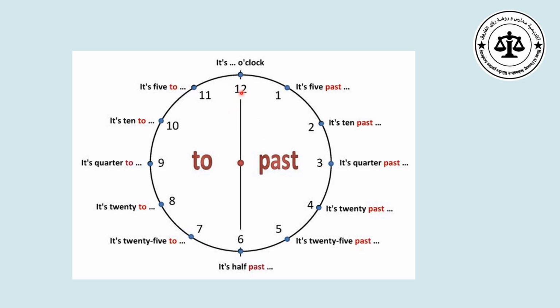When the long hand at 12, we say it's o'clock. The long hand العقرب الطويل at 1, 5 past. If it's at 2, 10 past. At 3, as you all know, it's a quarter past وربع.